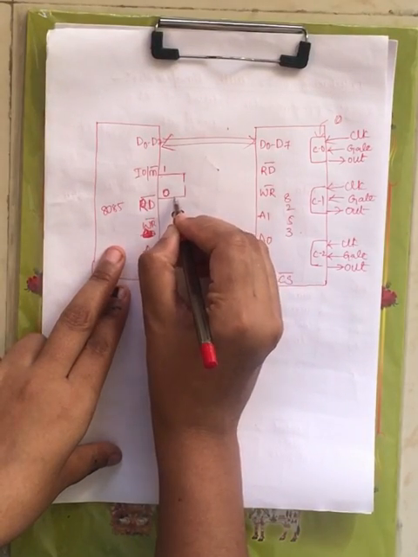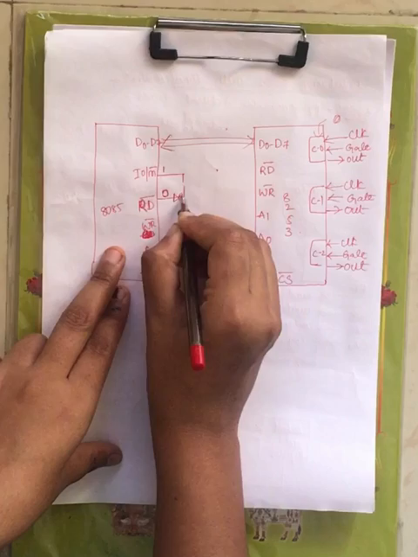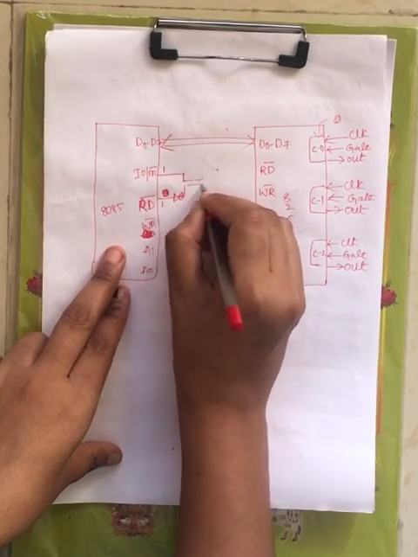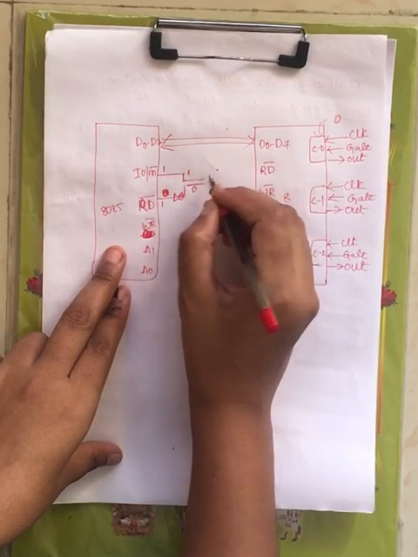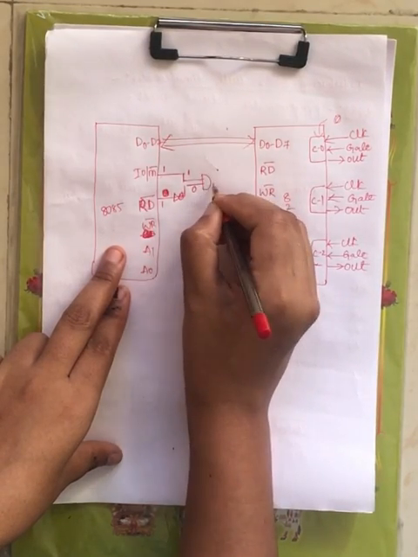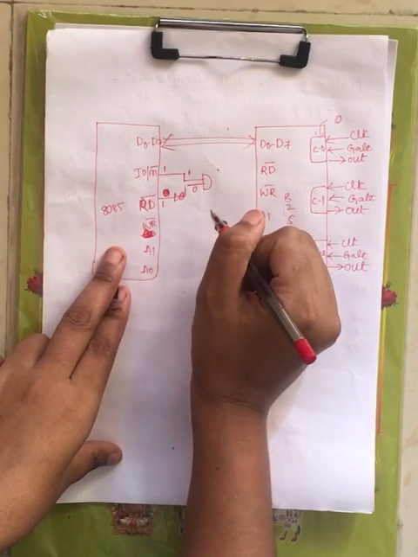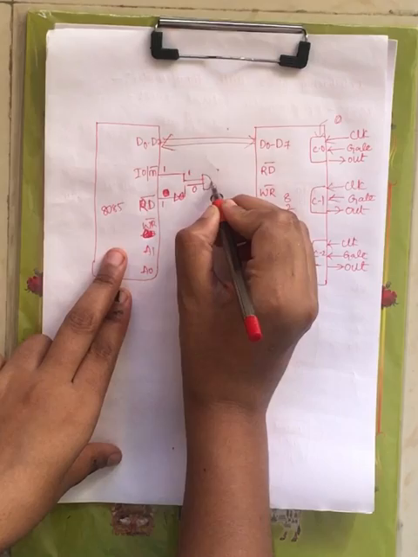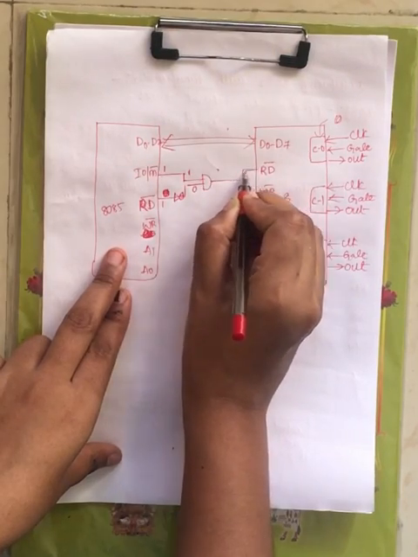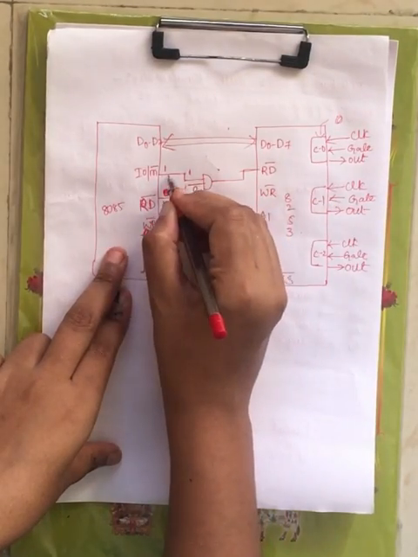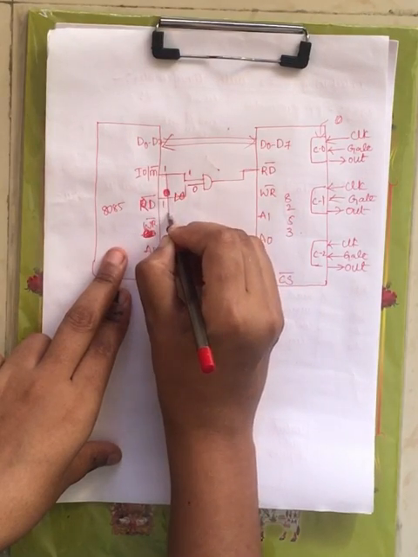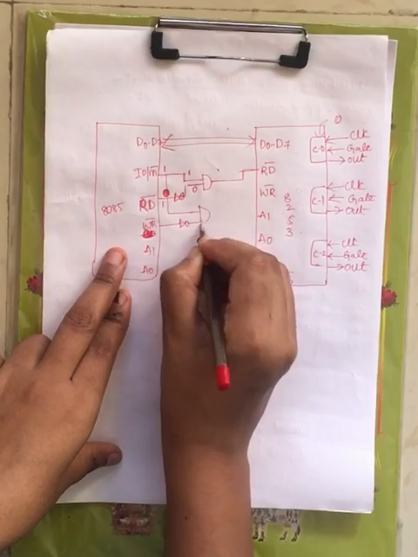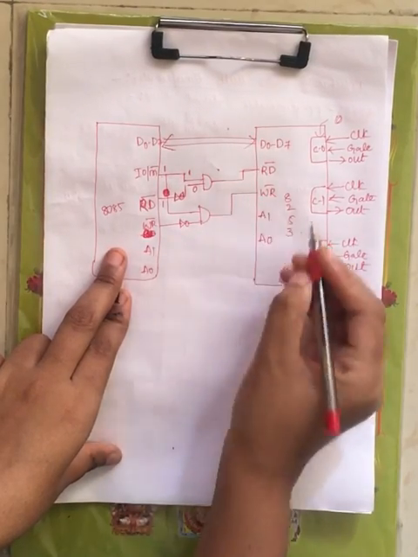Now read bar should be 0, so for that this should be inverted. Now these two are 1 and 0. When 1 and 0, if I AND gate them, what will you get? 0 only. Now 0 is connected to the read pin. Similarly IO with write, AND gated, is connected to the write signal.